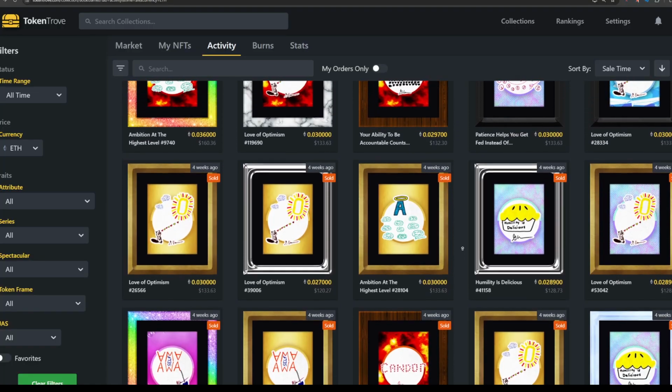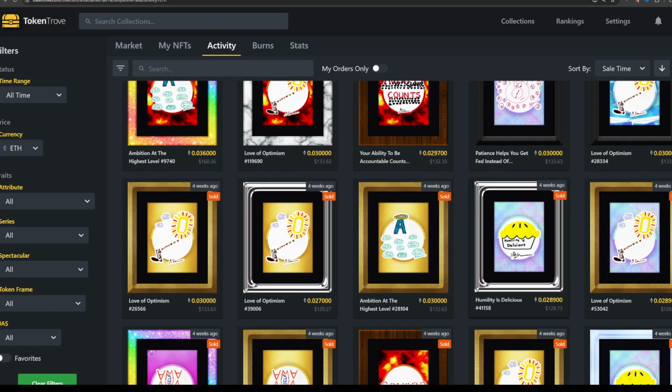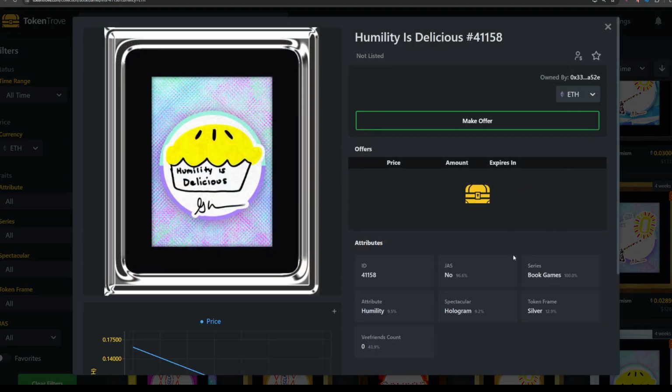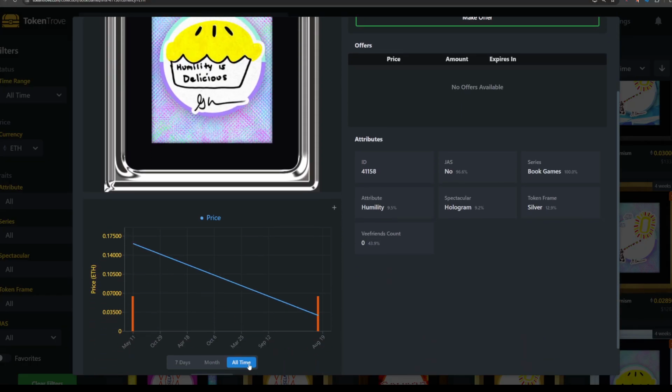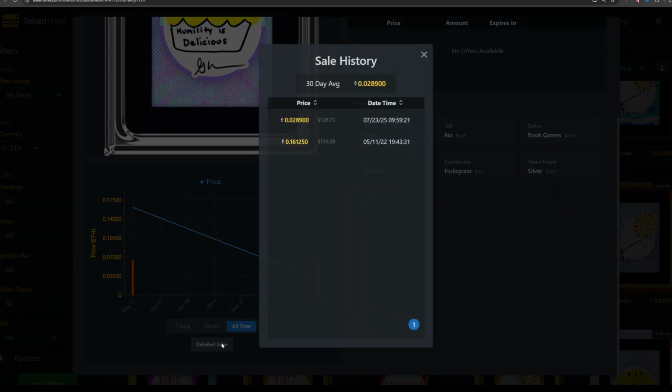Okay, and then if we see something that stands out, we might say, okay, but wait, what is this? And then you might say, what's the history of this token? And then, so in May of 22, it was sold for 0.161250 ETH.